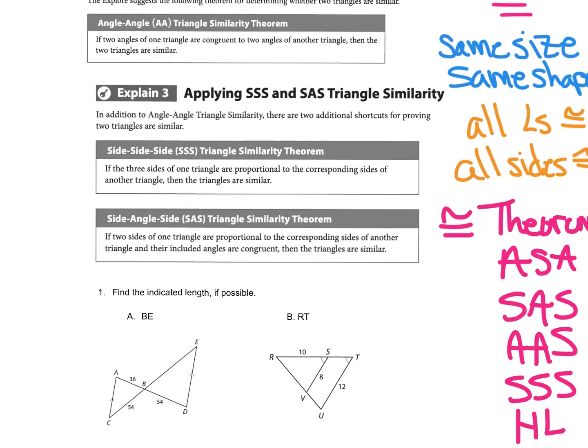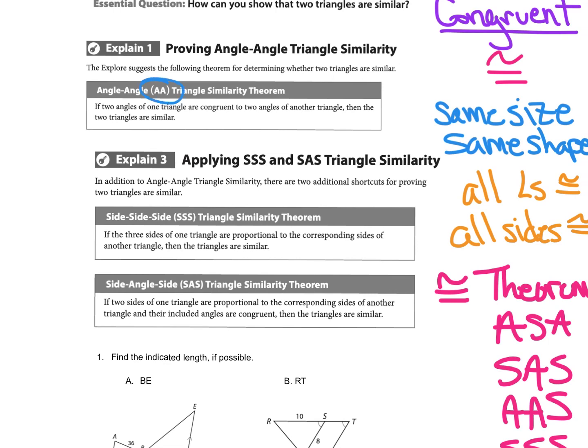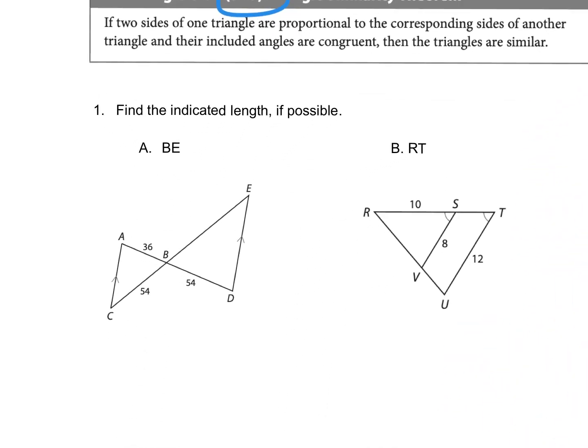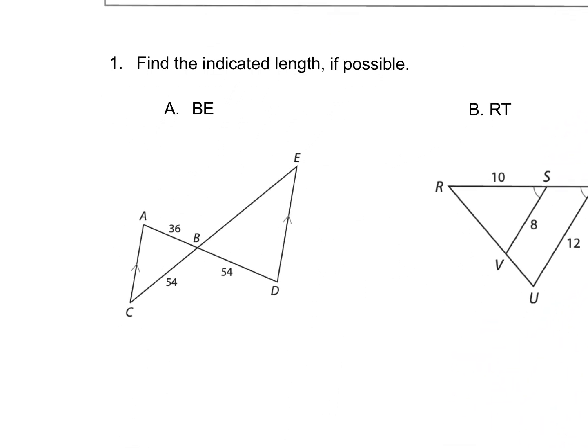Here we have, I told you, angle, angle, side, angle, side, and side, side, side. So find the indicated length if possible, BE. I'm going to put an X there. Okay, so 36, I would say this matches to this, right?